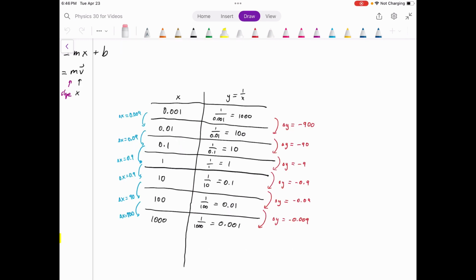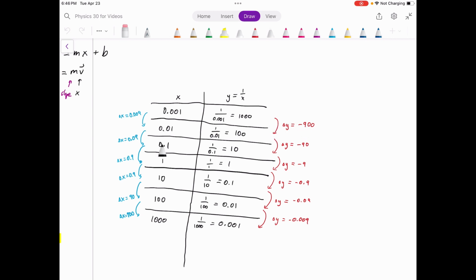That goes back to the table I showed in chapter 9, lesson 1, where if y is 1 over x, then at first, very small changes in x can lead to huge changes in y. From 0.001 to 0.01 is only a change of 0.009, but since 1 over 0.001 is 1,000 and 1 over 0.01 is 100, it's a change in y of 900.